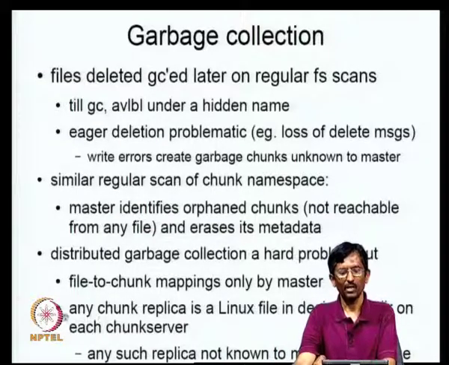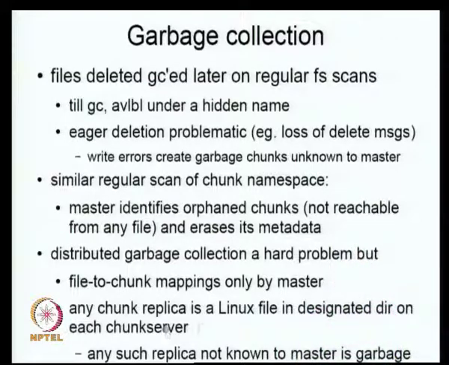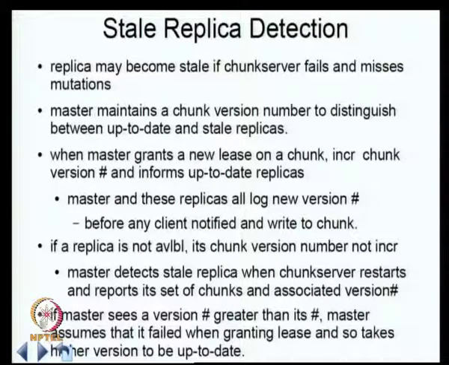And any chunk replica is a Linux file in a designated directory on each chunk server. Any replica that is not known to the master is garbage, so that can be deleted. Okay. So this way they actually solve a slightly tricky problem in a slightly simpler manner.